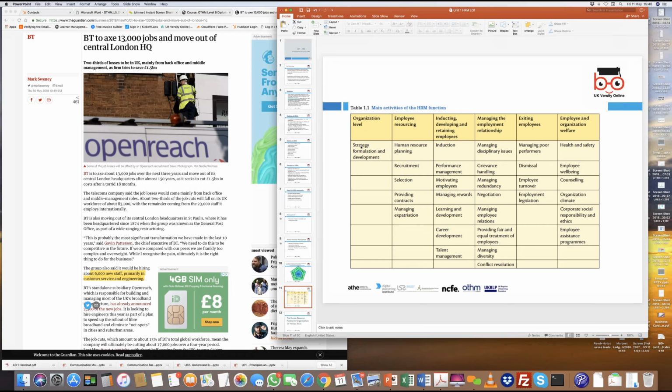Now, this is not going to happen overnight. This is going to happen in the next 18 months to 3 years, in which they will bring down their staffing levels, but they will also simultaneously recruit people with the right skill sets which the company needs for the next 10 years or 15 years to grow. You see the relation? Are you able to see that point?